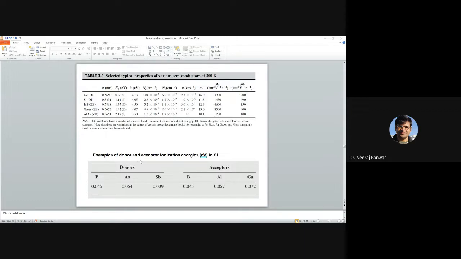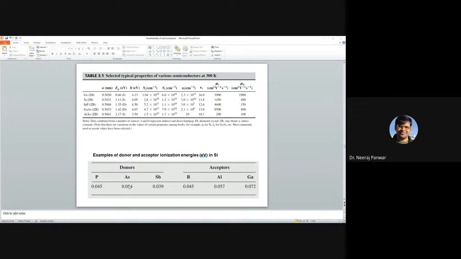The lower table shows the different donor energy levels in electron volt, and you can convert it into milli electron volt for different types of donor dopants, and the same for acceptors. For example, if in silicon we dope phosphorus, it will make it an n-type semiconductor, and the donor ionization energy for phosphorus is 45 milli electron volt.